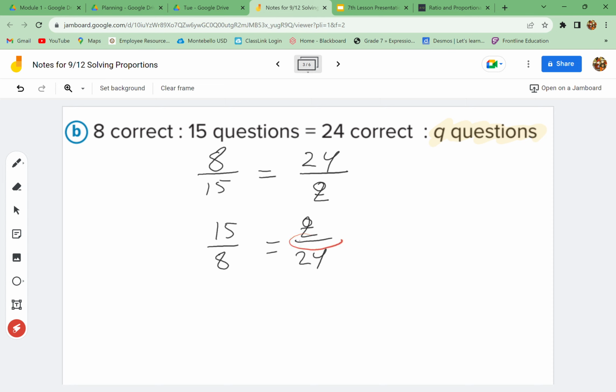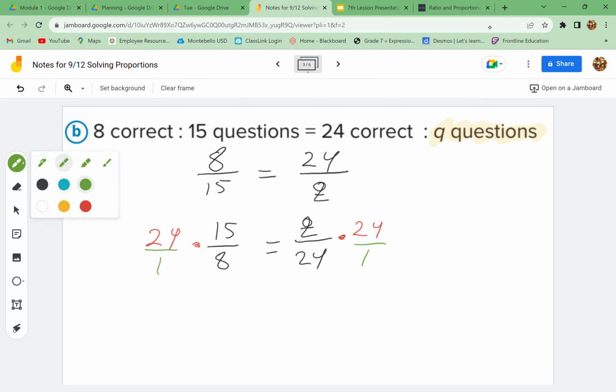So notice that this bar means divide. So I have to undo division by multiplying. So what I'm going to do is go ahead and multiply by 24 on both sides of the equation, just like that. And just like what we practiced before, you make every whole number into a fraction because I'm dealing with fractions. All right.